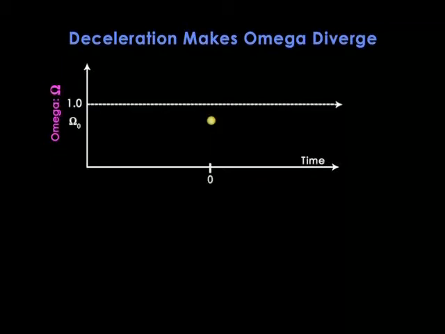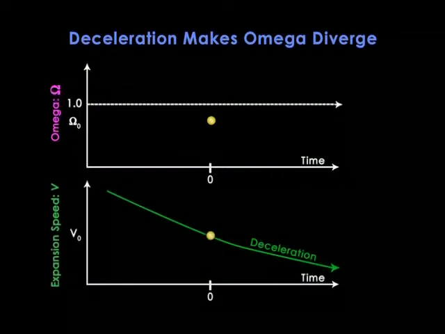Let's pick a particular time and mark it with a little naught. And at that time, the value of omega is omega naught. Let's say it's 0.8. The universe is slightly below critical, which itself is marked by a dashed line. Now here's a graph showing the expansion speed, the speed at which two regions are separating.